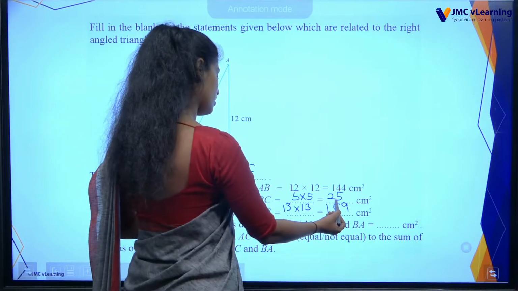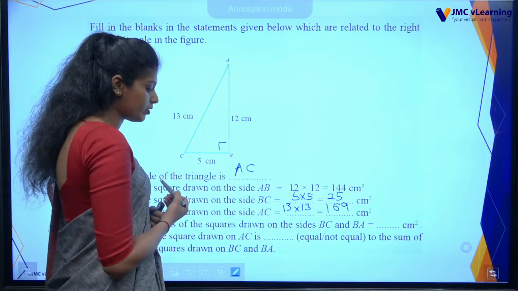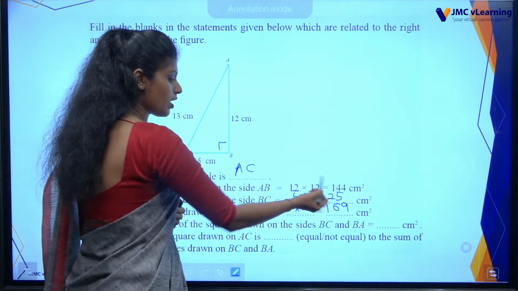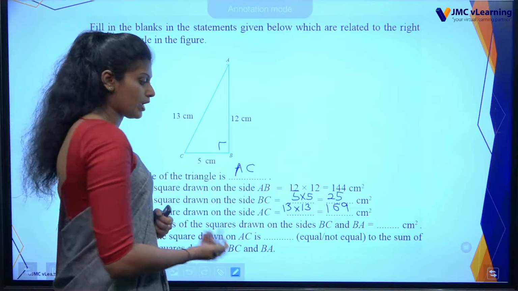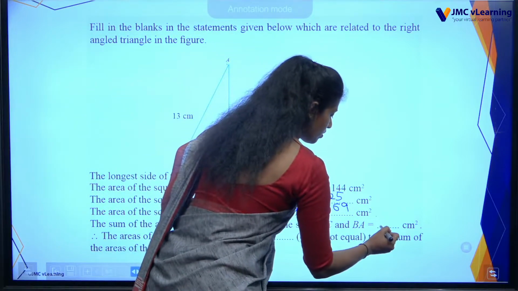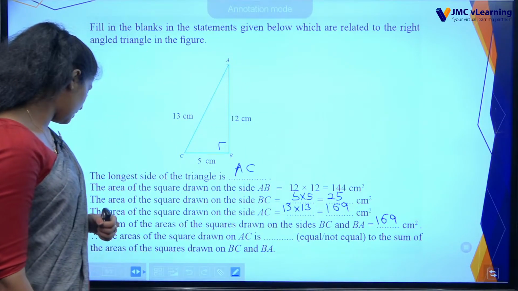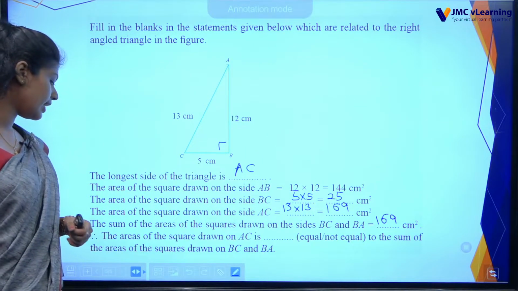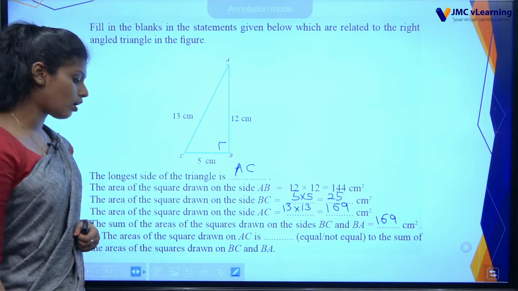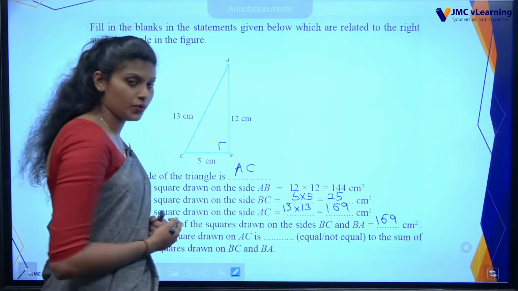BC is 25, AB is 144. When you add these two, it is equal to 169. Then therefore the area of the square drawn on AC is equal or not equal?